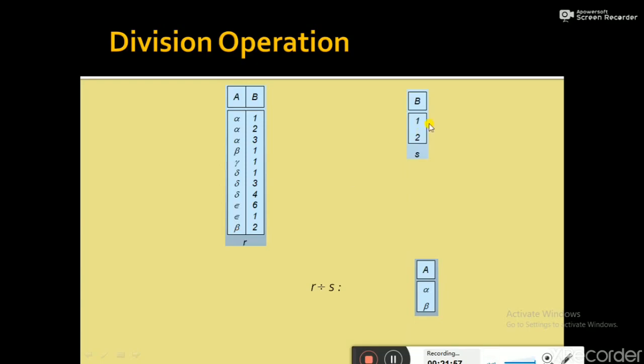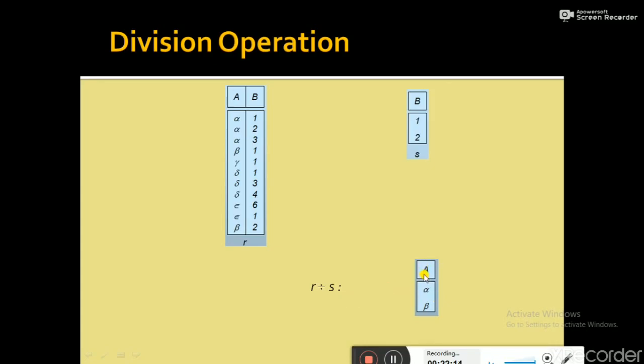Suppose R is a relation with two attributes A and B, and S is another relation with attribute B. Now R division S. What will be the schema of the temporary relation?